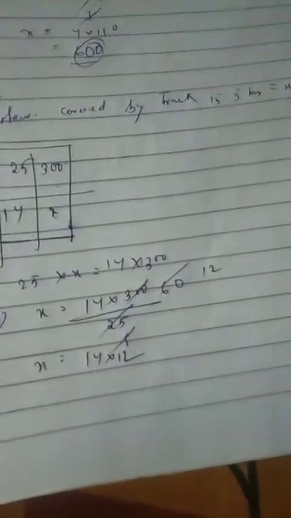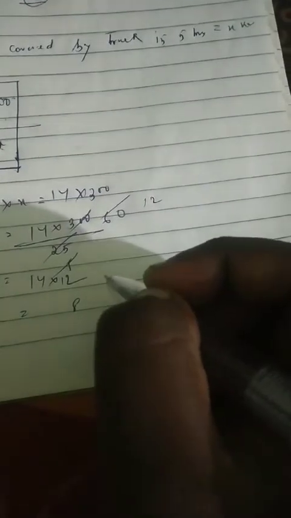Now again, 5 1s are 5, 5 2s are 10, so 12. I have 14 into 12. 14 into 12 is how much? 168. So 168 kilometer will be the distance covered.